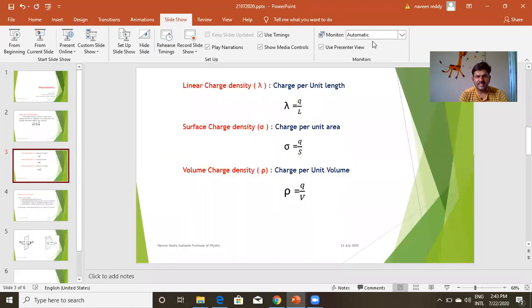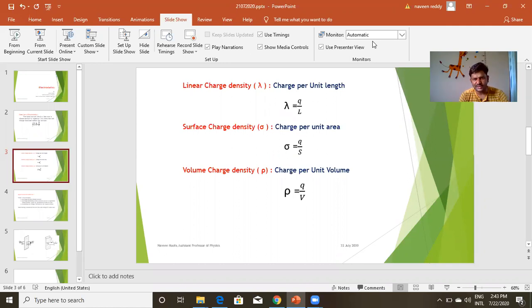Charge distribution is of 3 types. So we need to see what are the variables useful in each case. One is linear charge density. It is denoted by lambda.